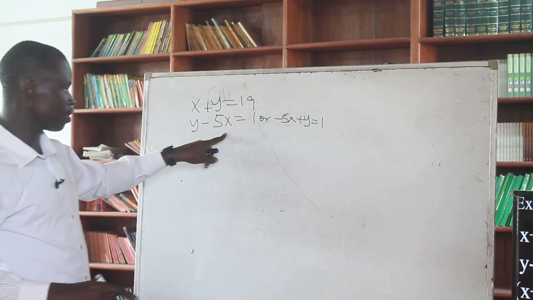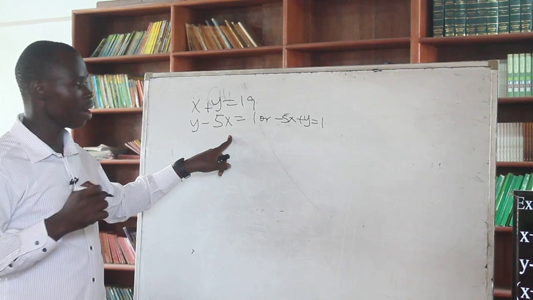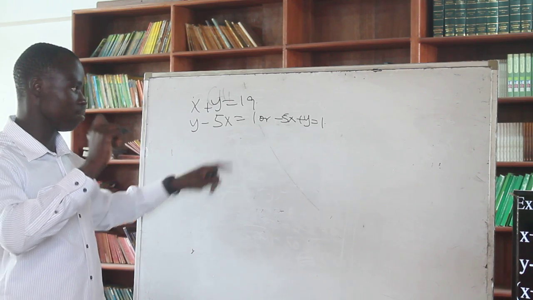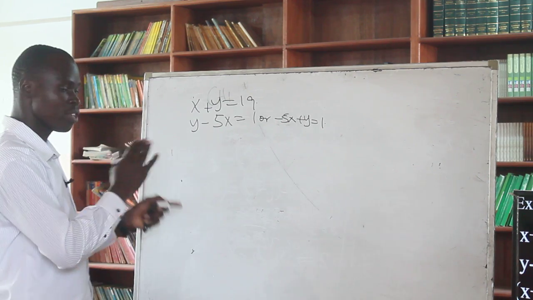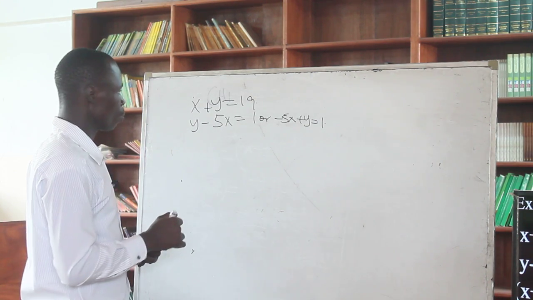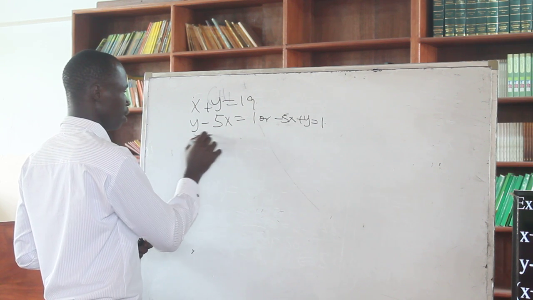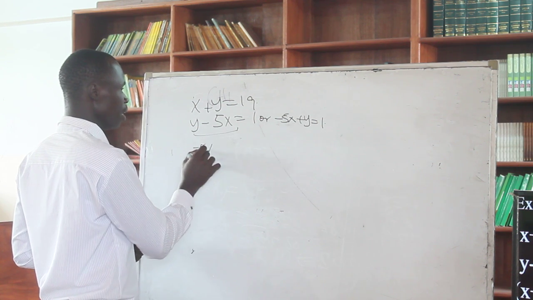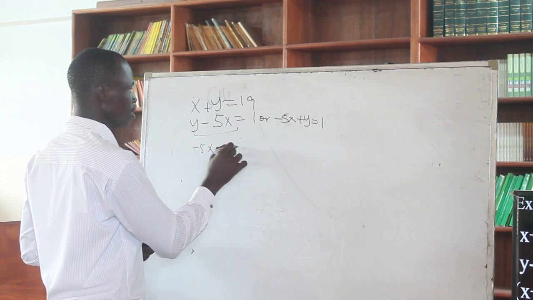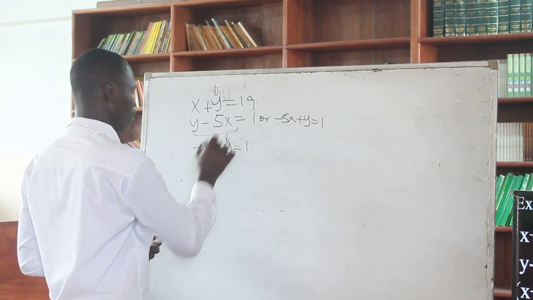Remember, it has nothing as close to the equal side yet. So the sign remains the same. That will just be rearranged in the same kind. So this one can also be written negative 5x plus y is equal to 1.